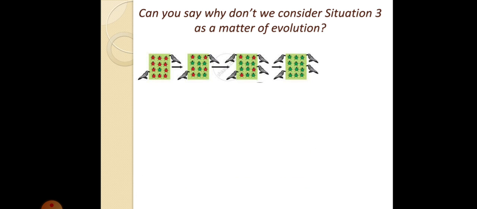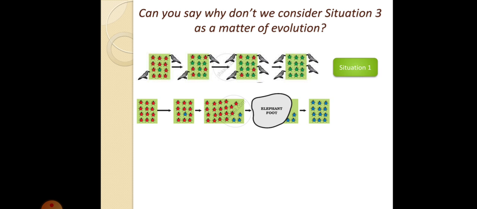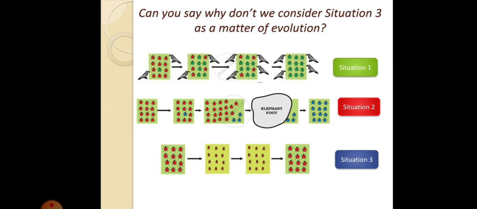This was the first situation where crows have eaten those red beetles, okay. This was the second situation where the foot of the elephant has destroyed all the red beetles, and this is the third situation. So can you tell me why the third situation is not considered a matter of evolution?